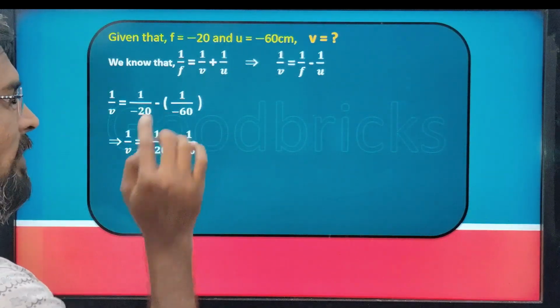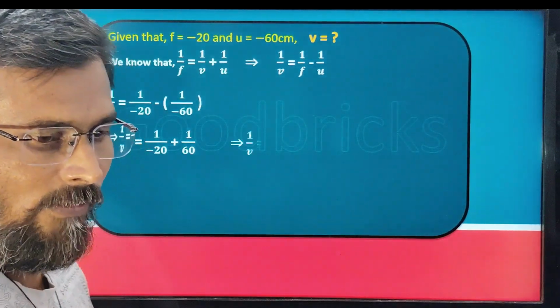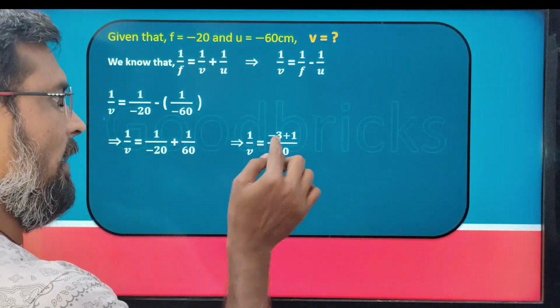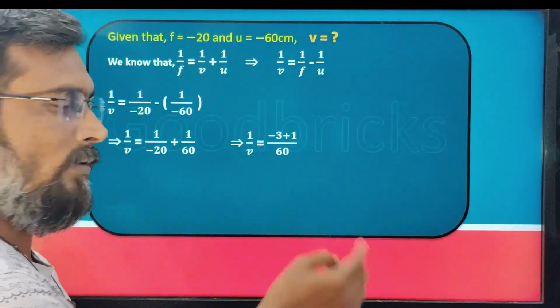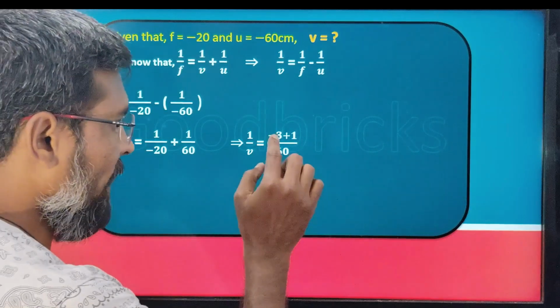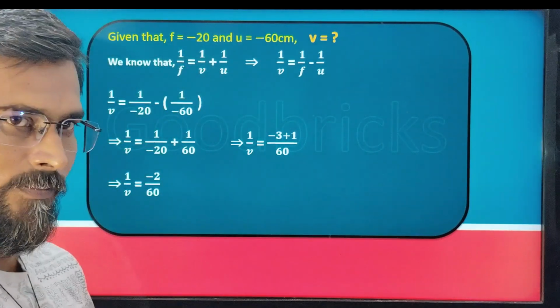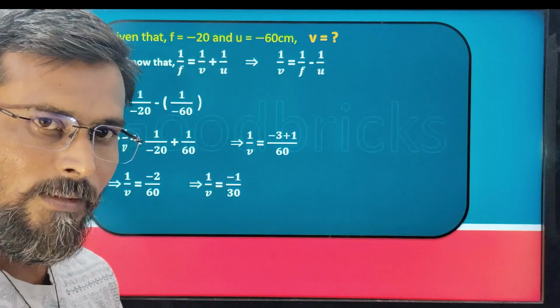The LCM of 20 and 60 is 60. 20 into 3 is 60, that is the reason we have written minus 3. 60 into 1 is 60, so we have written 1. Minus 3 plus 1 will give you minus 2 by 60. From that, 1 by v is equal to minus 1 by 30.